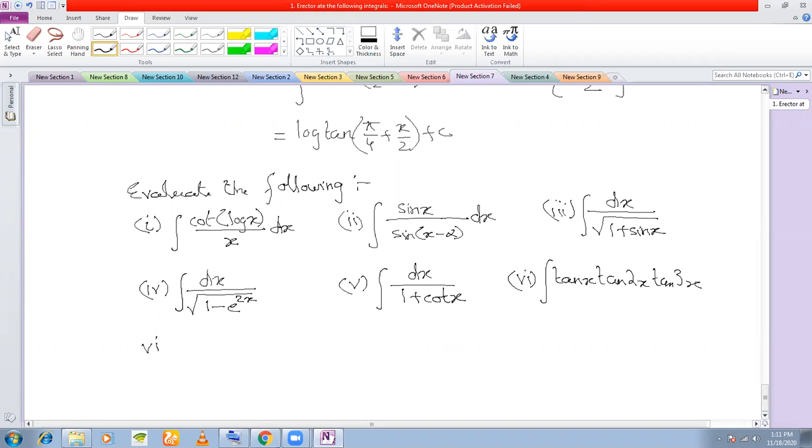And the sixth one, integral tan cube x dx. For the time being only these, and some more will follow after this. After this I'll start integration by parts.